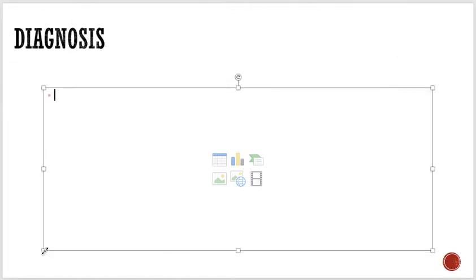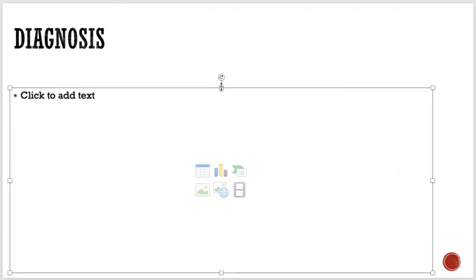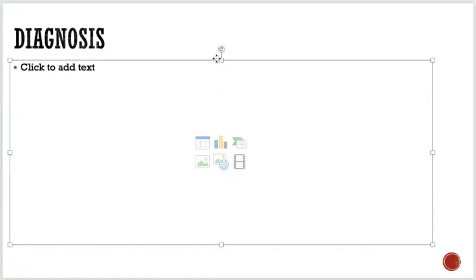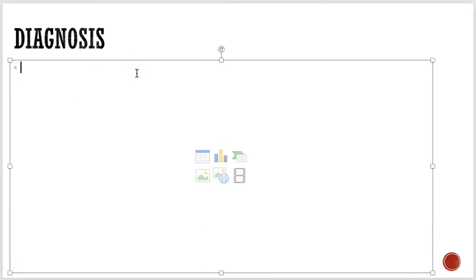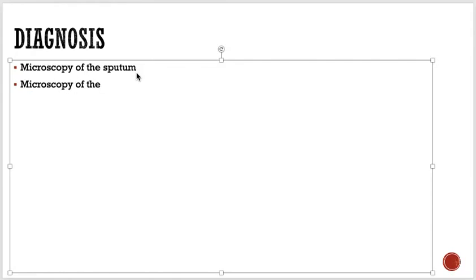So until now we have discussed the lungs, the intestine, and also the peritoneal cavity from where the larva is going to pass, right? So for the diagnosis, we can do microscopy of the sputum. We diagnose tuberculosis also in this way. Or you can do microscopy of the stools or feces, right? Of course, this thing is important.